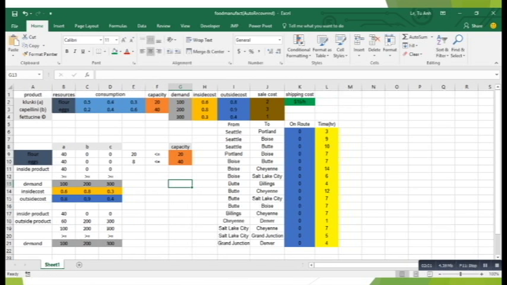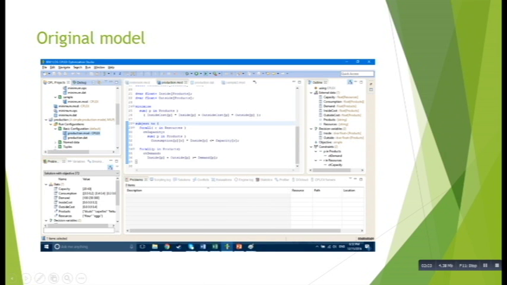Next, this is the original model. Like I said before, it just shows us the inside product and the outside product. It doesn't show us how much the inside products cost and how much the outside products cost.